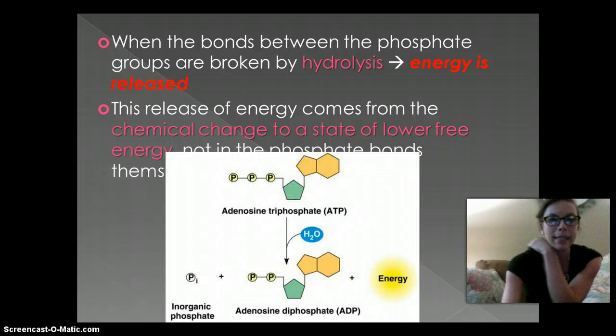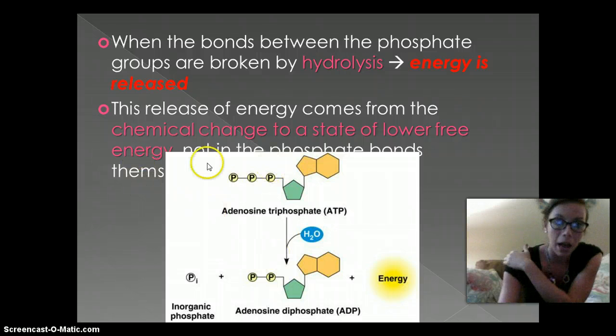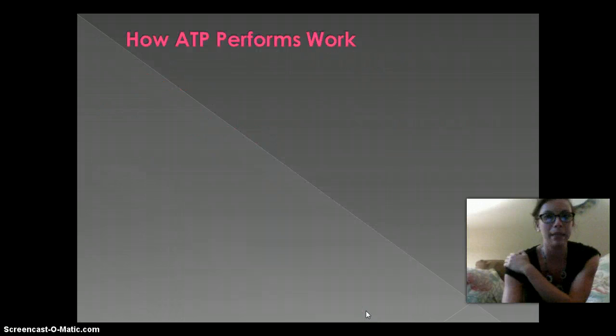So here you can see that through hydrolysis, we have 3 phosphates, or ATP, and then it's broken down into ADP, adenosine diphosphate, so there's only 2 phosphates left, and now we have energy. So from the breaking of the bond of the ATP, we get energy and ADP.